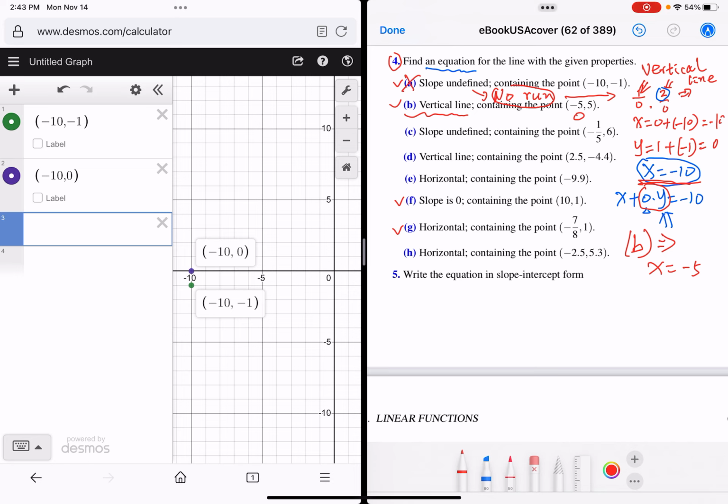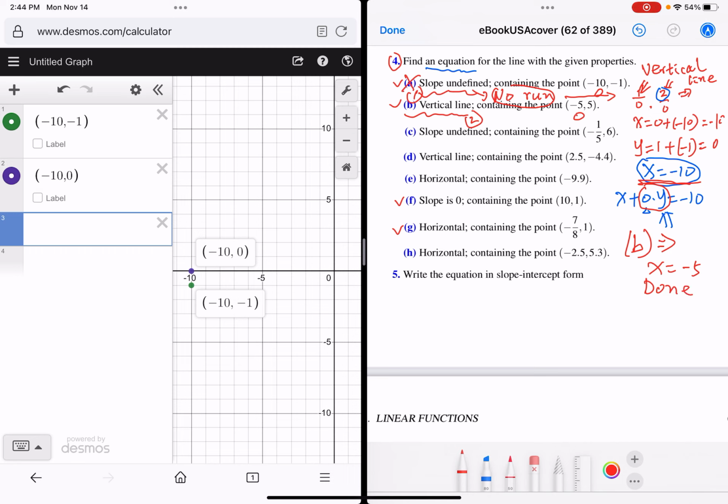Here you can see for a vertical line you have two different ways: one is slope undefined, another is vertical line. They both mean the same thing. And the equation you always choose is x is a constant. Okay, so here we are done.